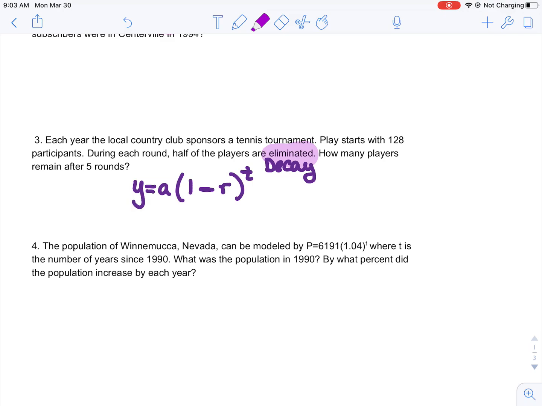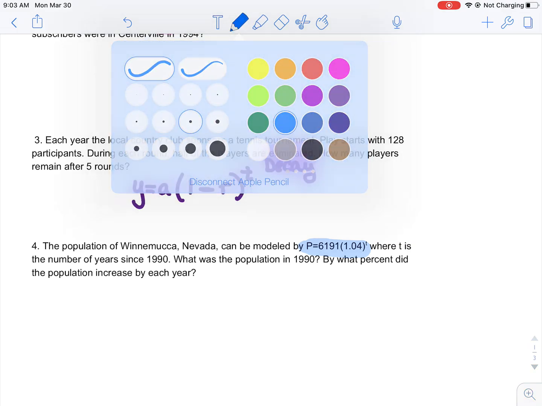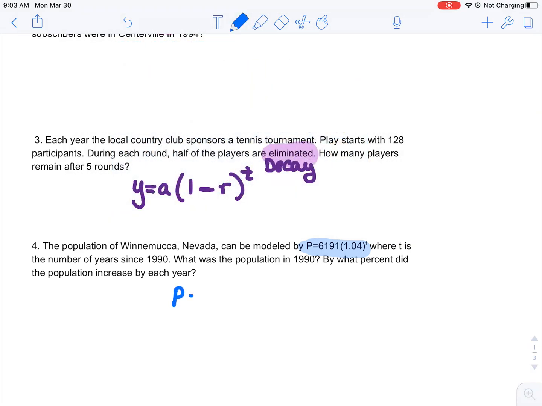So the initial population, what you can see here, now you need to think about, and I'm going to give you a hint here, what this actually means. And so this doesn't originally look like what we talked about. So this is a growth equation. Let's separate that 100% from the rate, and let's see if that helps you.